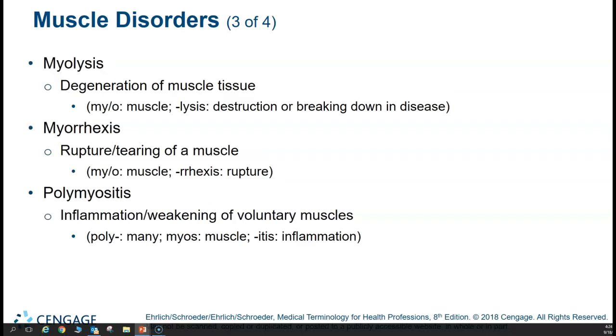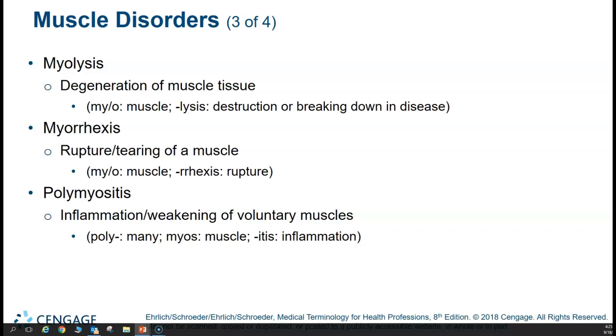Again, looking at the way you break up the words, myelinosis is the destruction of the muscle. And again, sometimes that will happen through autoimmune diseases. There are certain diseases where our muscles break down.